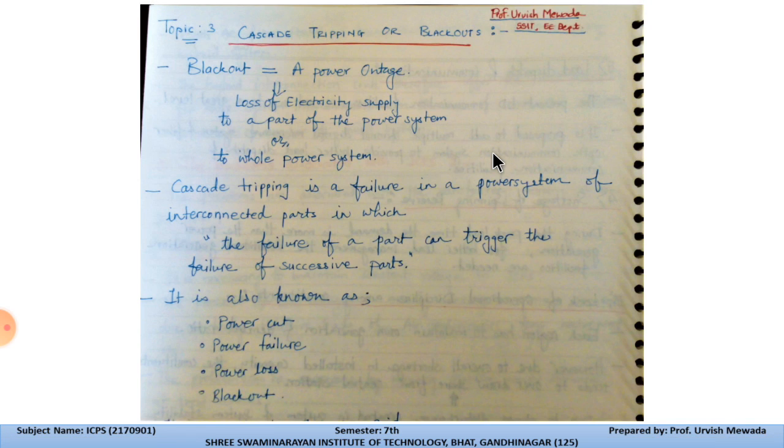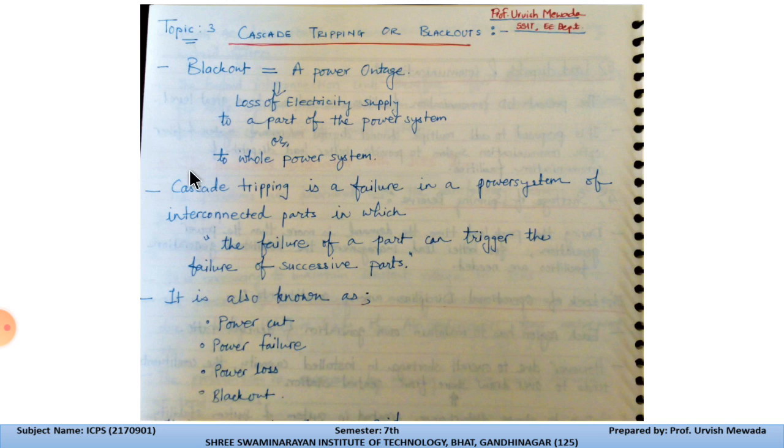And if that load further increases beyond the limit of that system, then it will transfer that load, or we can say stresses, to the nearby station. And due to that a part of the power system, or the whole power system, will come under stress, and due to that cascade tripping will develop.